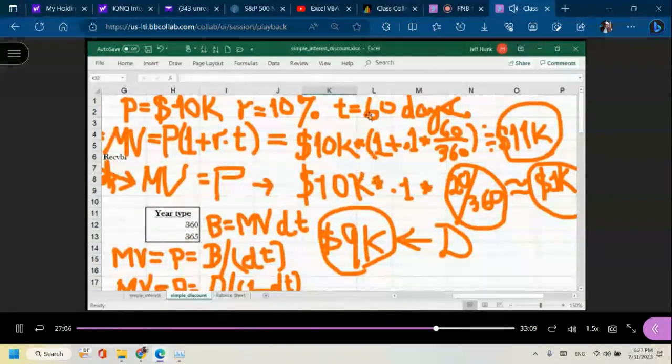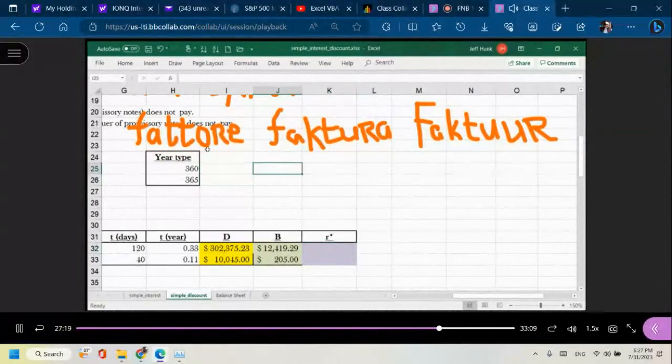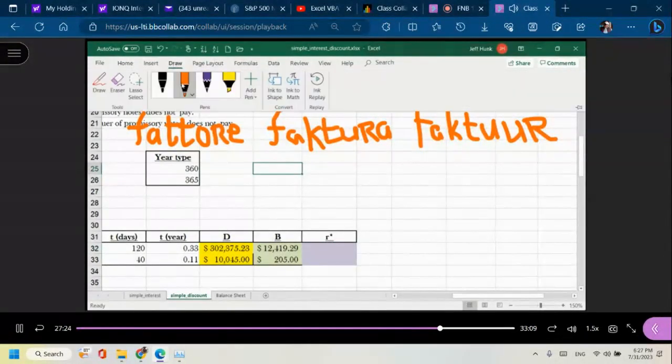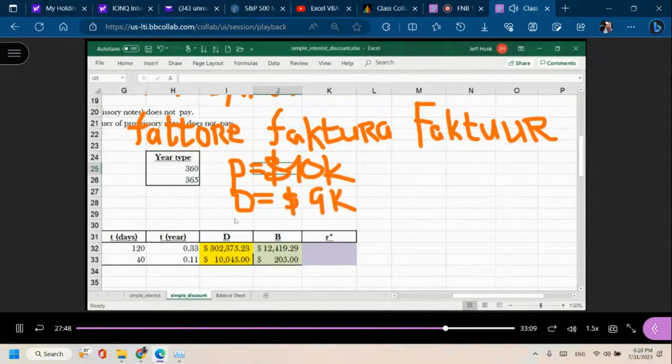Suppose, ignore 60 days, suppose the principal was 10K and you factored it and you got 9K. So that means the bank discount was 1K, 1,000, right?